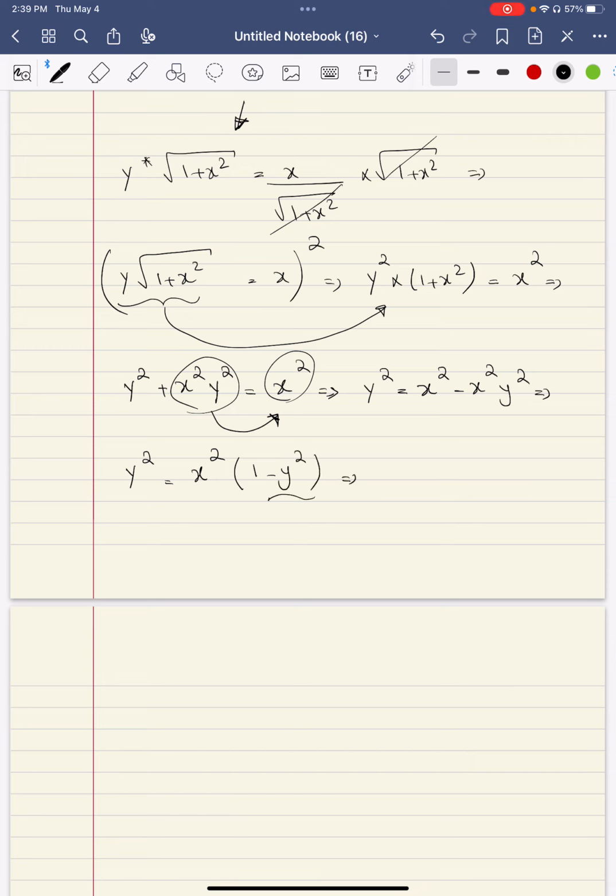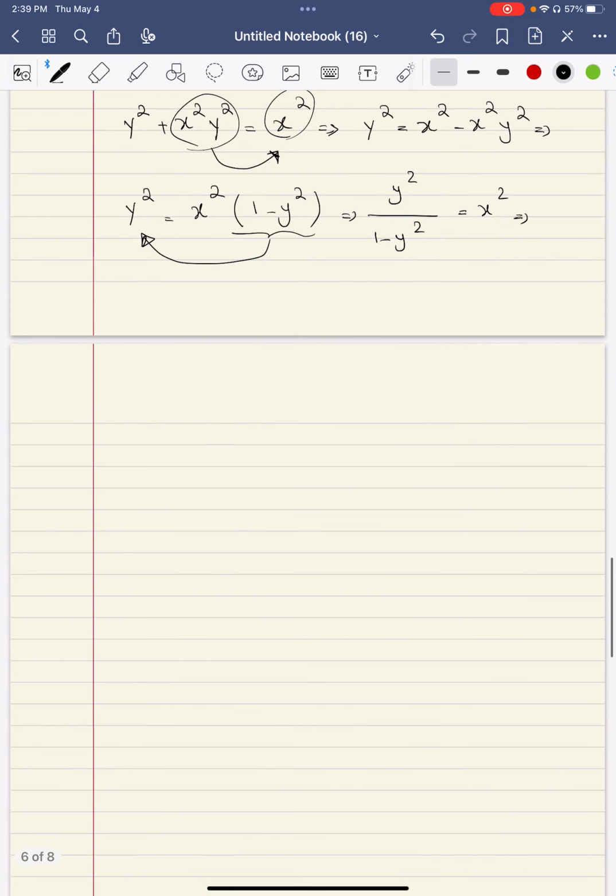So if I move it to the left hand side, it will be y to the power of 2 over 1 minus y to the power of 2 equals x to the power of 2. Then our x would be equal, if I apply a root to both sides of the equation, to y over root 1 minus y to the power of 2.